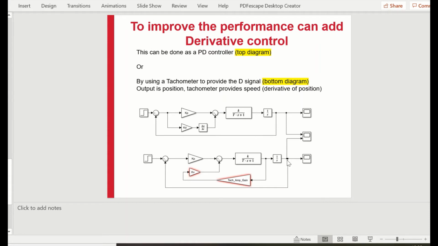If this is the output here, which is say position, then this would be velocity, the signal here. So if I measured this signal, it'd be velocity. So velocity is the same as the derivative of the position. So rather than using the derivative signal here, we could measure the velocity here and feed that one back.